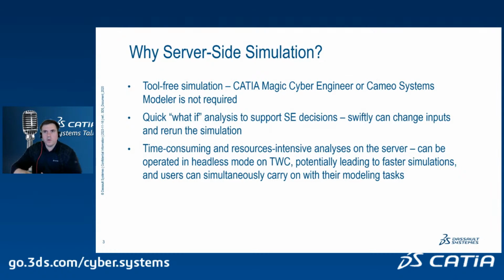Probably you know that when you have huge system models and you try to do the execution on these huge models, it could take some time. With server-side simulation, you can run execution directly on your Teamwork Cloud or CATIA Magic Collaboration Studio servers and simultaneously continue your modeling work.